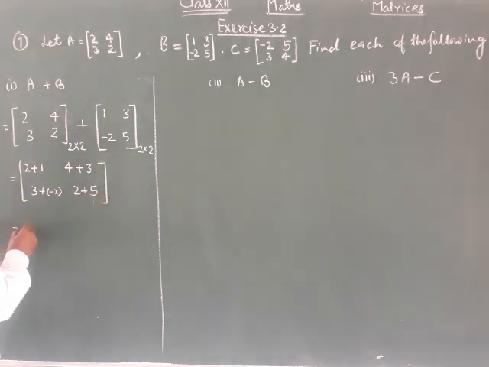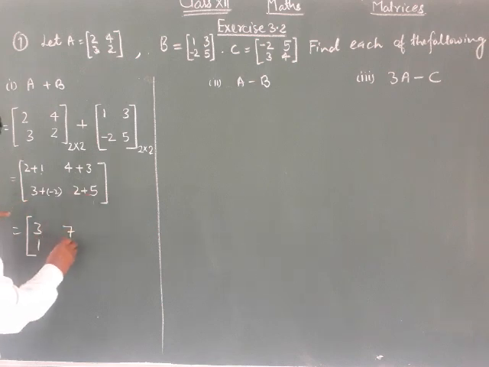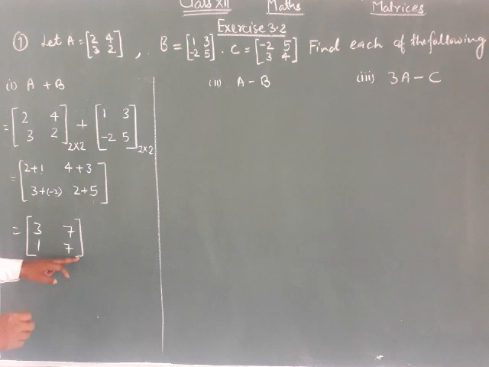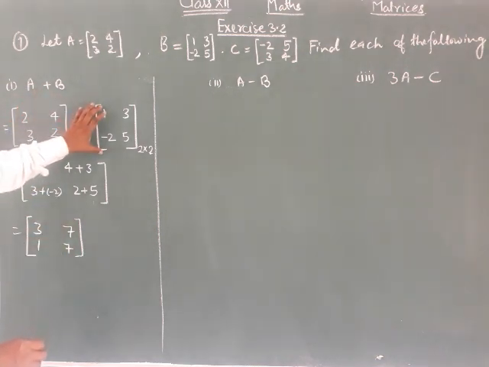So now the new matrix is [3, 7; 1, 7]. This is of order 2 by 2. The given matrices are 2 by 2, so the new matrix is 2 by 2.